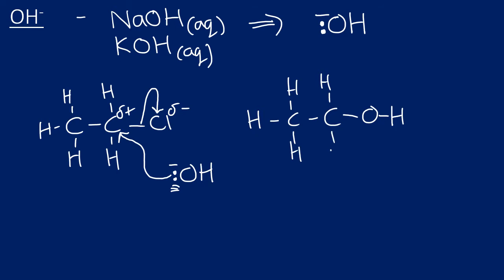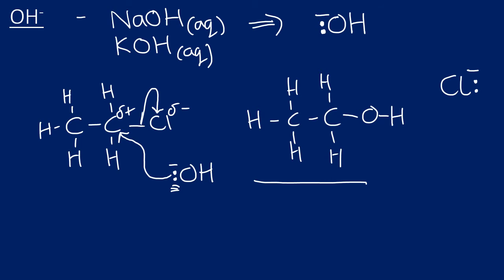The Cl was bonded to that carbon, but we can see from this curly arrow that the pair of electrons from the bond has now gone to the Cl. So the Cl now has a negative charge and those 2 electrons. So that is our 2 products here. We've made an alcohol from a haloalkane.